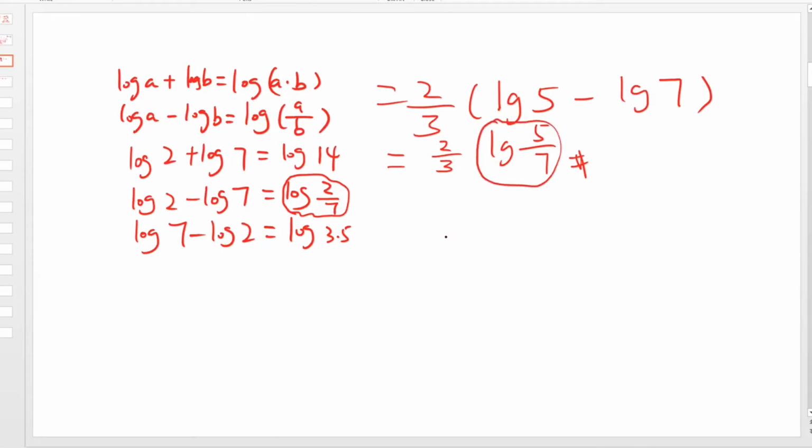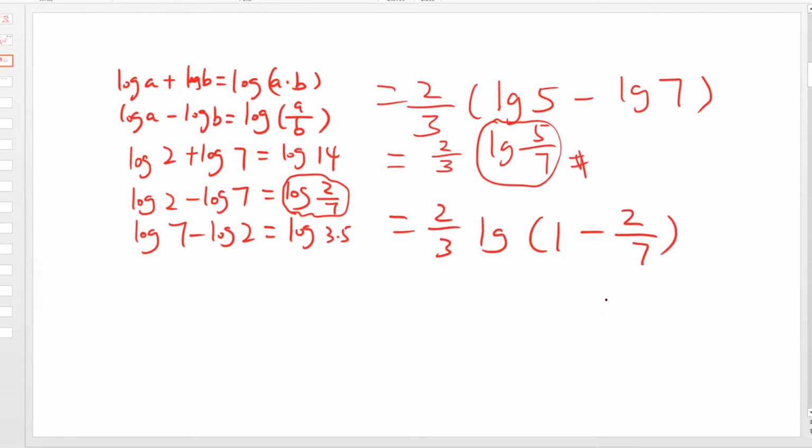So how do you get log 5 over 7? So this is log 1 minus 2 over 7, right? Am I right?